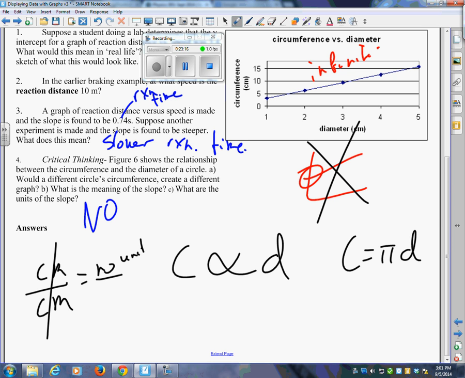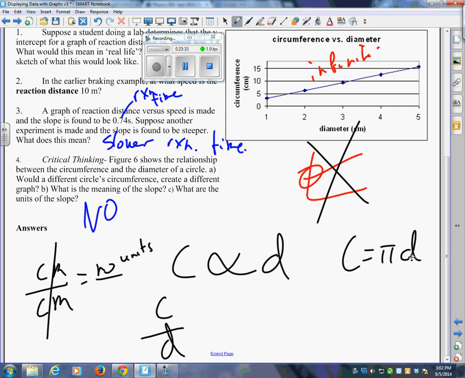Let me show you something. What's the quantity on the y? What am I measuring here on the y? Circumference. My slope is divided by the x, which is the diameter. I got c over d. Hey, we know a formula that has c and d in it.